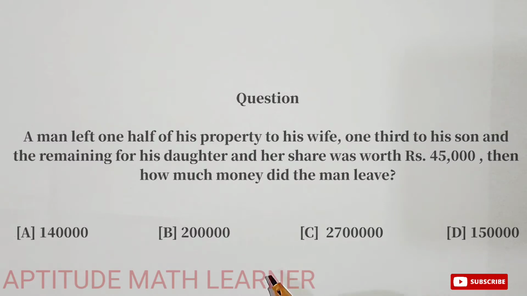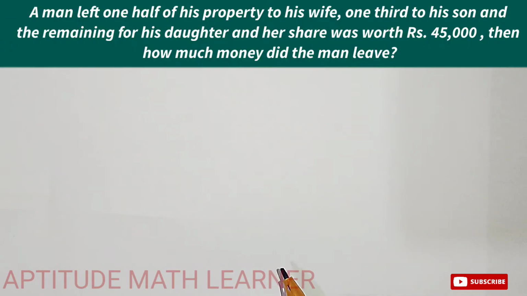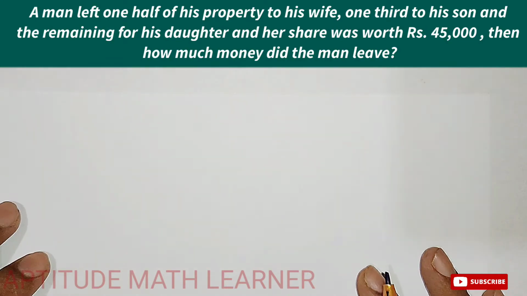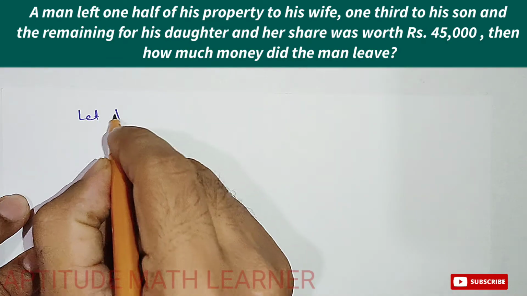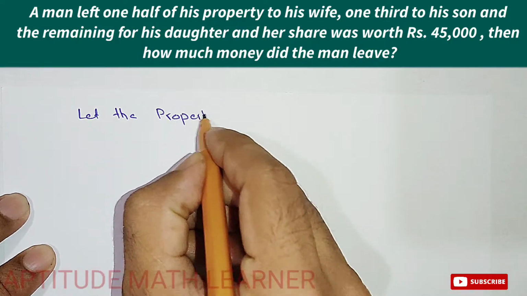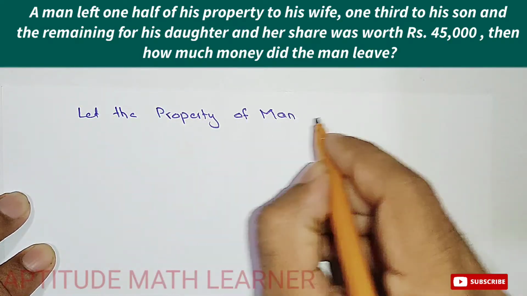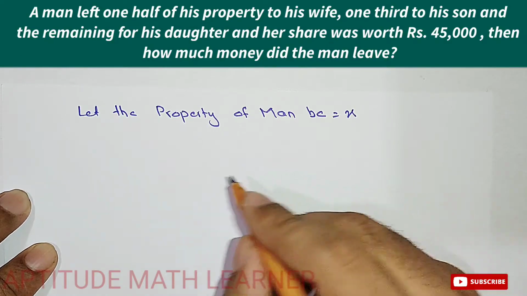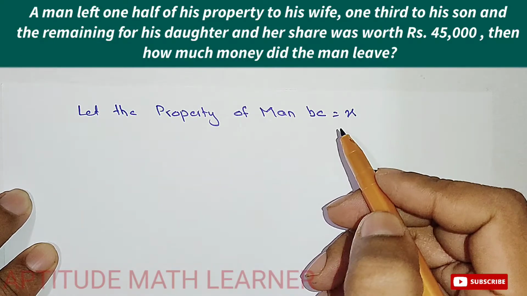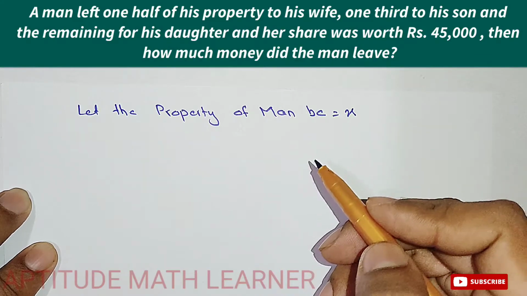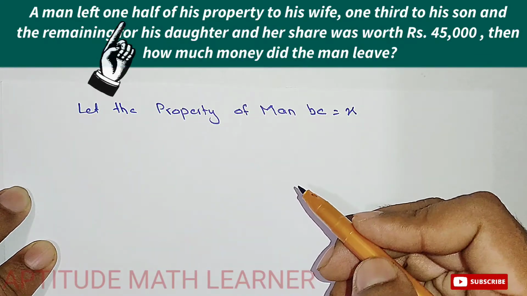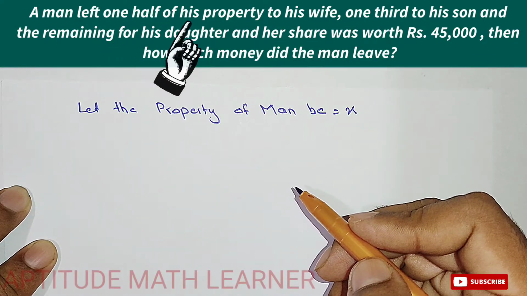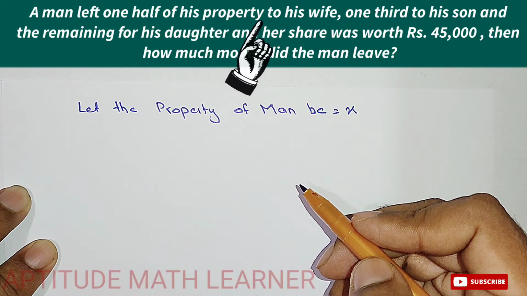So the first thing we have to do is let the property of the man be X. So we have just taken the whole property of the man as X. Now, the question says that the man has given 1/2 of the property to his wife.